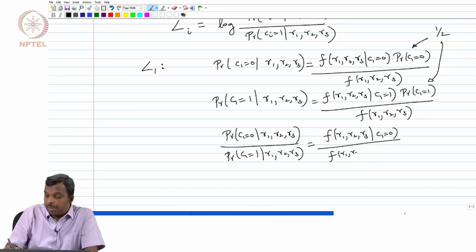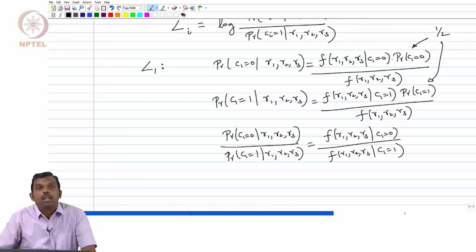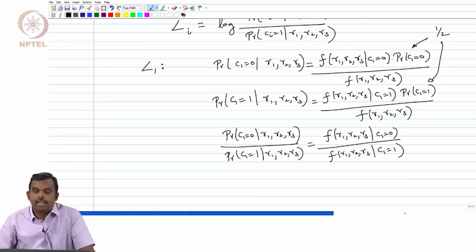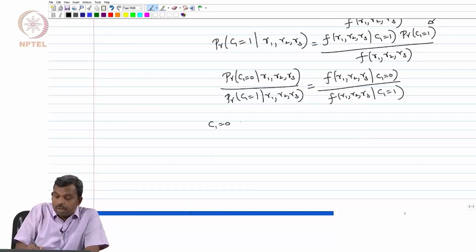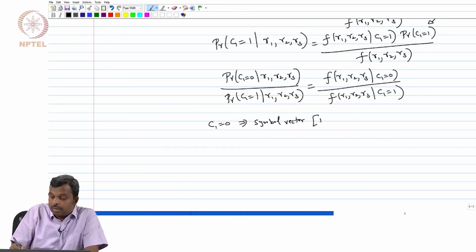It turns out for the repetition code, this conditional joint density is easy to write down. The repetition code makes that very easy. Let me show you how that's done. C1 equals 0 implies the symbol vector is +1, +1, +1.